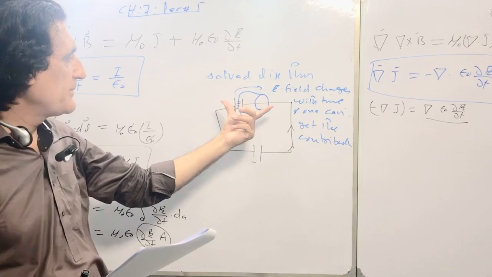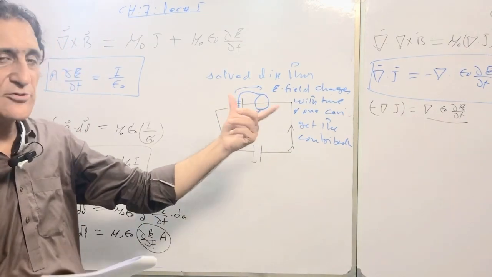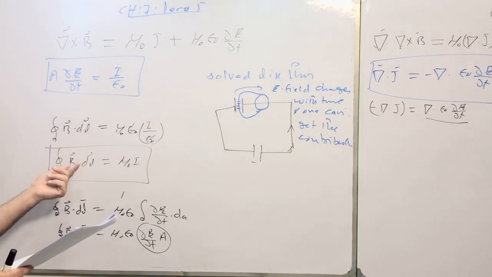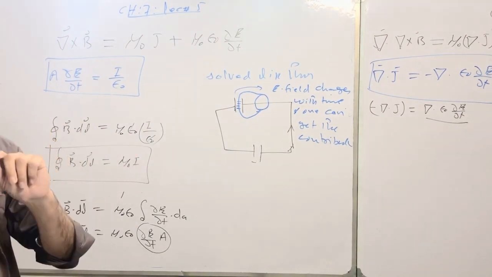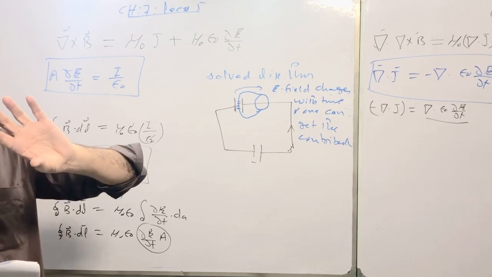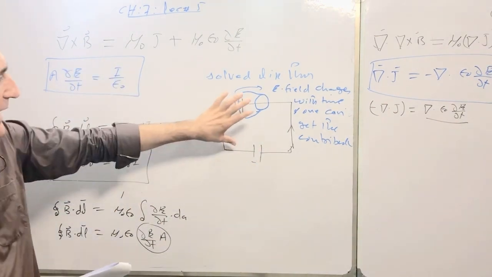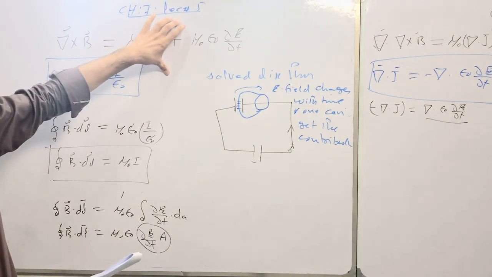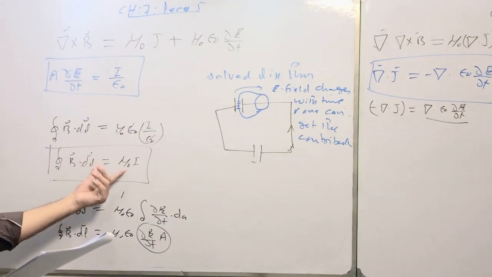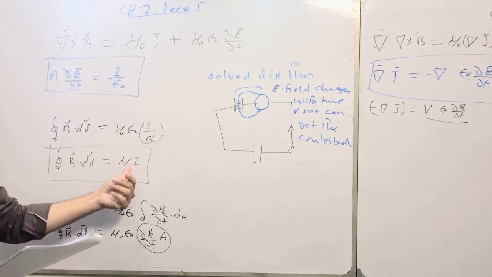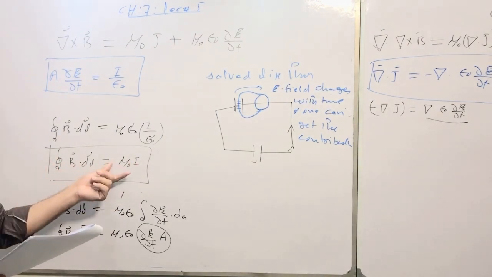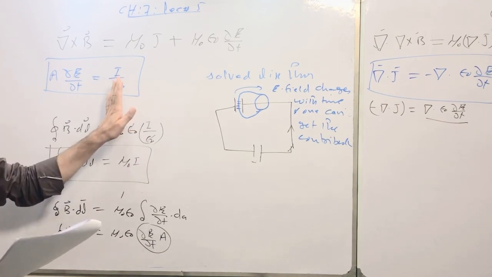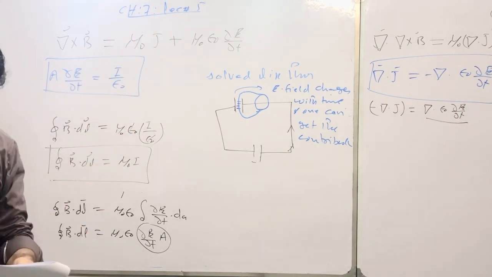For the magnetostatic case, we already have B dot dl equal to mu naught I. But for beyond the magnetostatics, I use the same equation and I found the same result, B dot dl is equal to mu naught I. So for both the cases, this equation is correct.